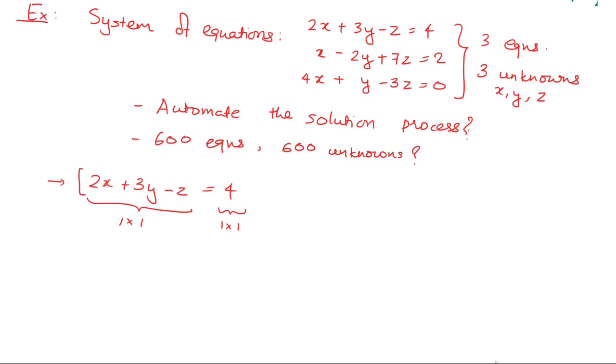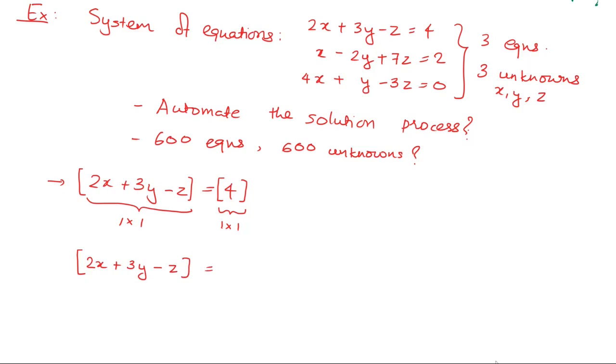Okay, so I can then write it in a matrix term. Okay, consider our LHS again, which is 2x plus 3y minus z.